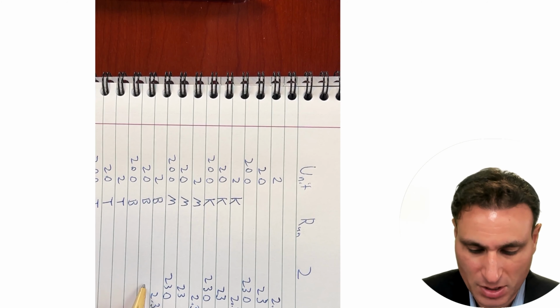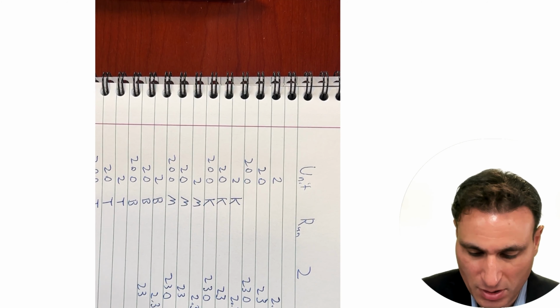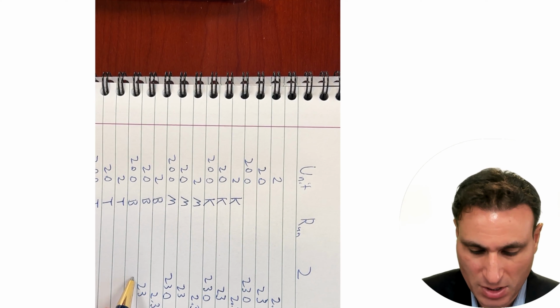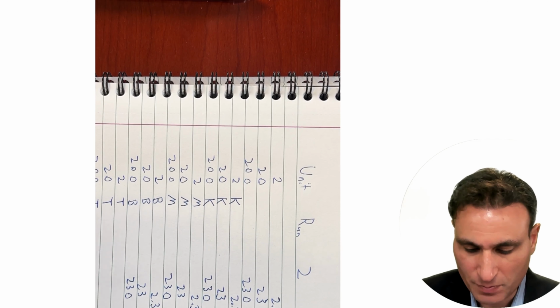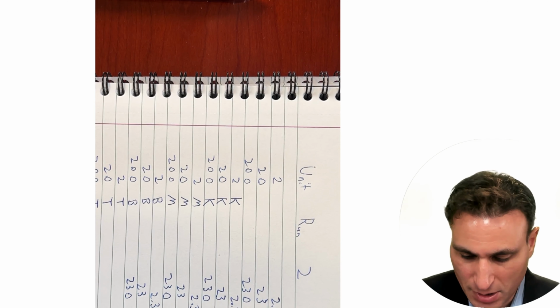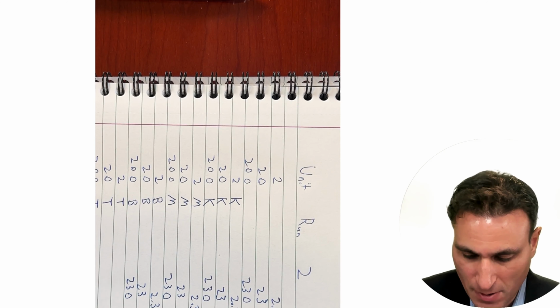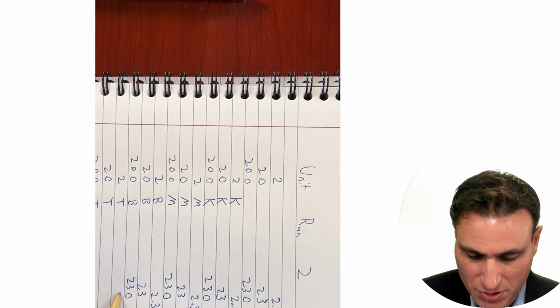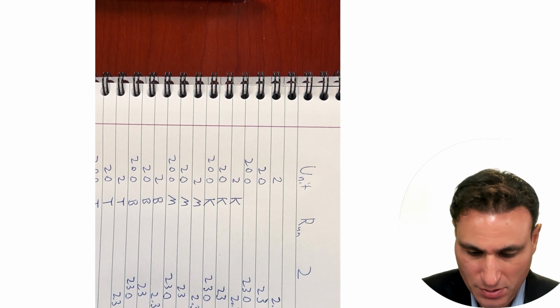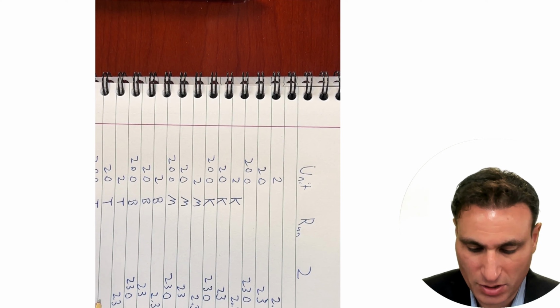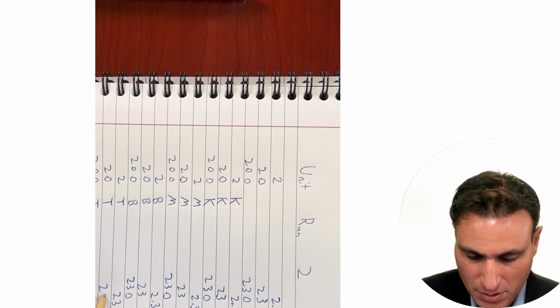Okay, 2.3 billion times 10, 23 billion. 23 billion times 10, 230 billion. 230 billion times 10 is 2300 billion, which is 2.3 trillion. That's K. This is trillion. Okay, 2.3 trillion times 10, 23 trillion. 23 trillion times 10, 230 trillion.